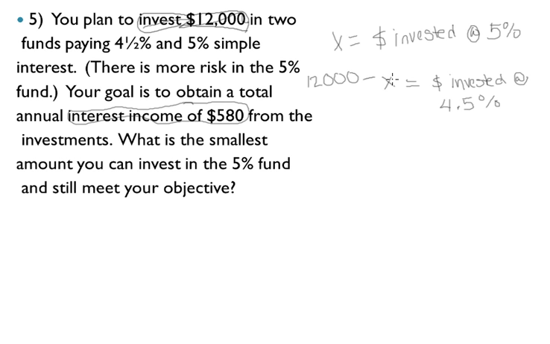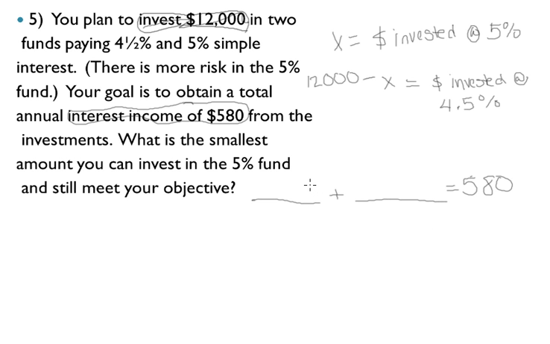In order to write my equation, I know that my equation has to equal my interest earnings. So I want my equation to add up to 580. So something from the first account plus something from the second account is going to add up to 580. I have my two variable expressions.